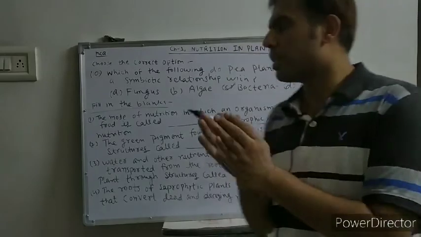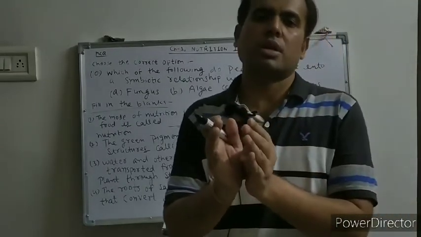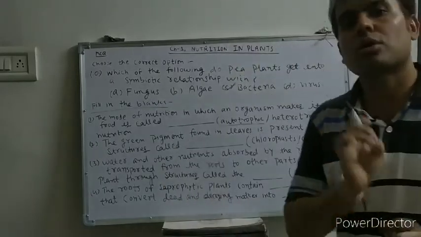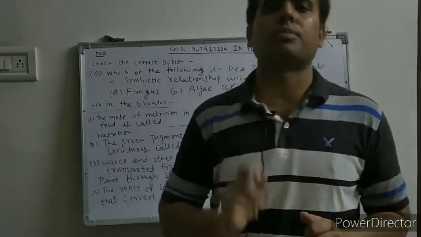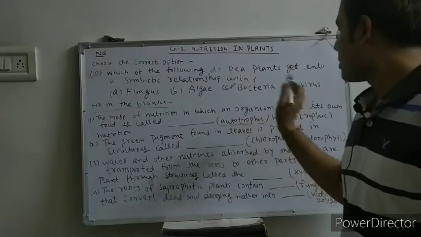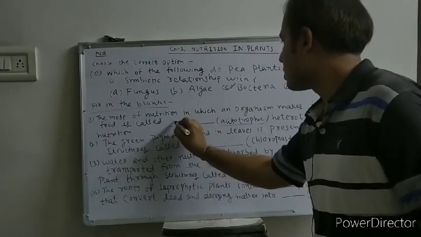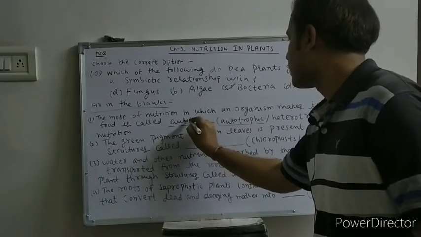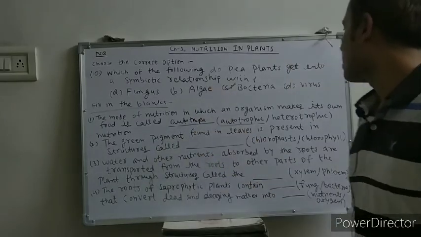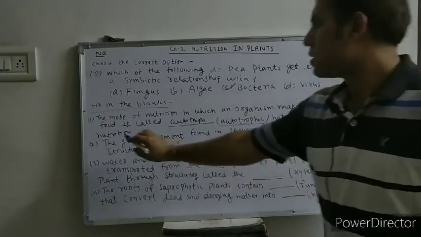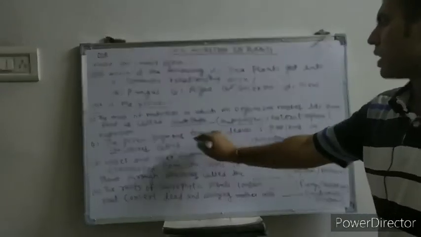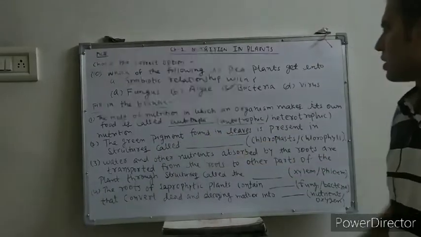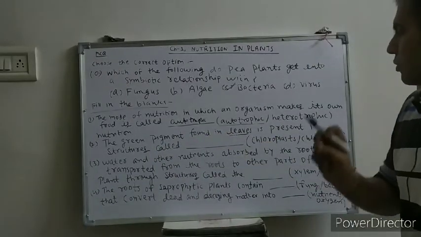In autotrophic plants, the photosynthesis process is used to provide nutrients to the plant, where chlorophyll plays a very important part. So the answer is autotrophic nutrition.